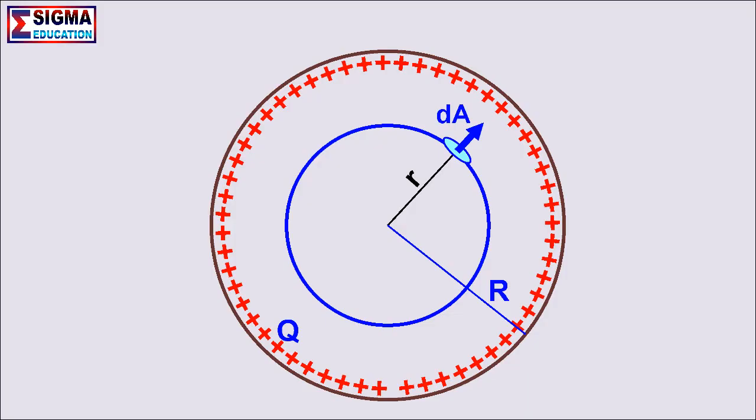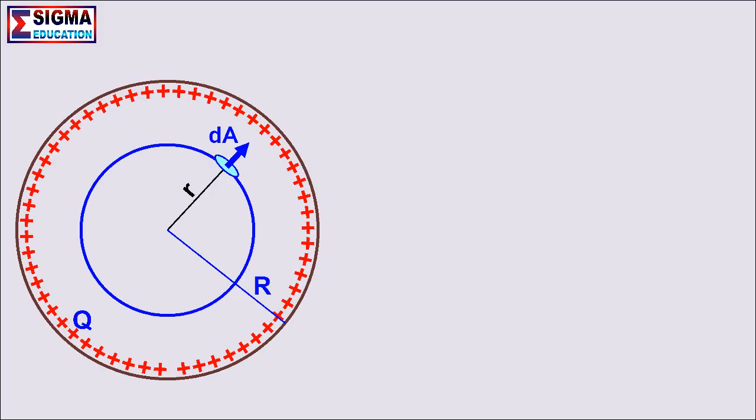To find the electric field intensity inside the shell, we draw a spherical Gaussian surface having radius small r smaller than the radius of the shell, as shown in the figure. In this case, the charge distributed over the surface of the shell is completely outside the spherical Gaussian surface. The charge enclosed inside the Gaussian surface, Q enclosed, is 0.